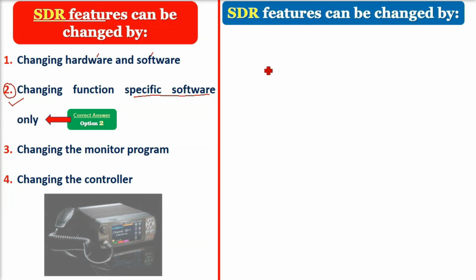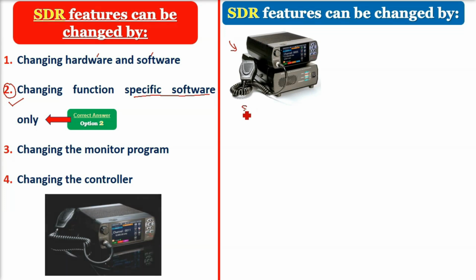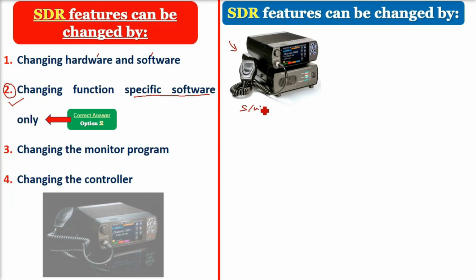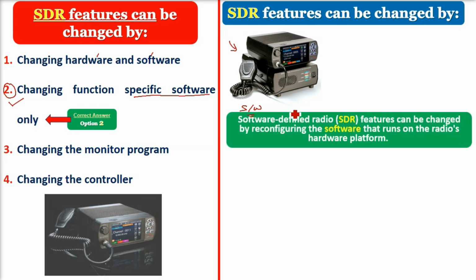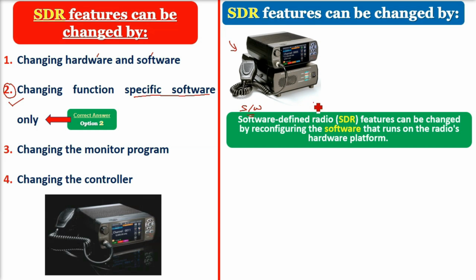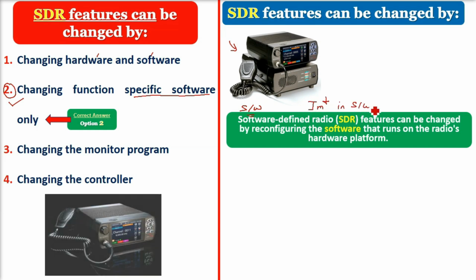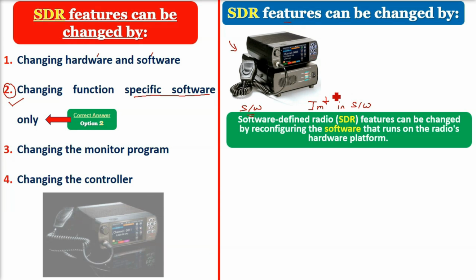Now this SDR, or software defined radio, is a radio communication system that uses software to process the signals. Most of the hardware components are implemented in software rather than hardware. So how can SDR features or attributes be changed?